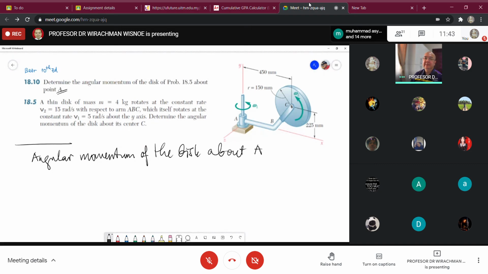The question is about A. We have previously calculated the angular momentum about C. So if you open the, where it is, I will show you, angular momentum. This one.